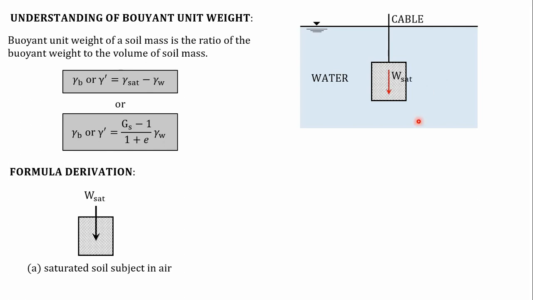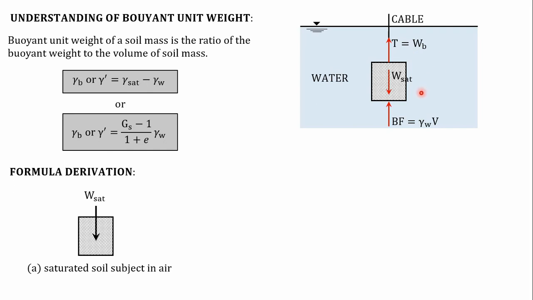Let's analyze it. For the buoyant unit weight, we draw a free body diagram. This is the saturated weight, then the buoyant force subject to water, and then the tension force of the cable. The tension force of the cable is the buoyant weight of our soil sample.